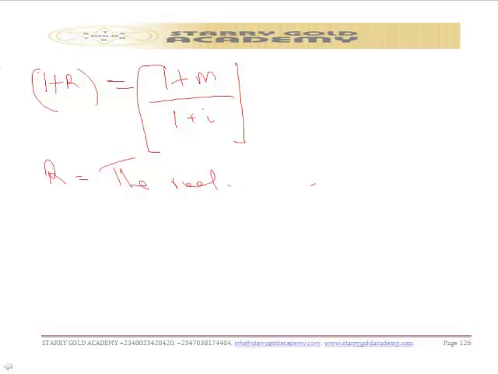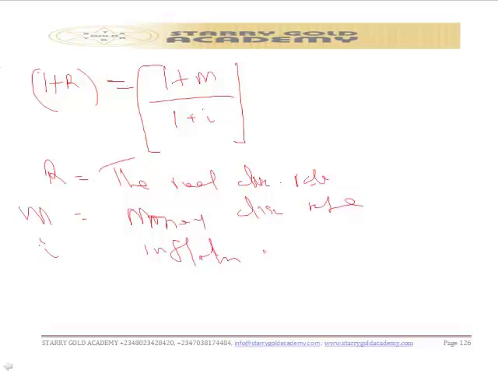We have 1 plus r is equal to 1 plus m all over 1 plus i, where r is the real discount rate, m is the money discount rate, and i is the inflation rate.